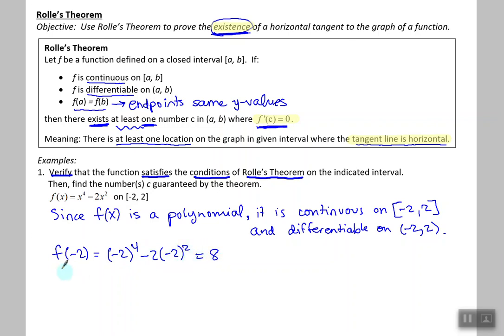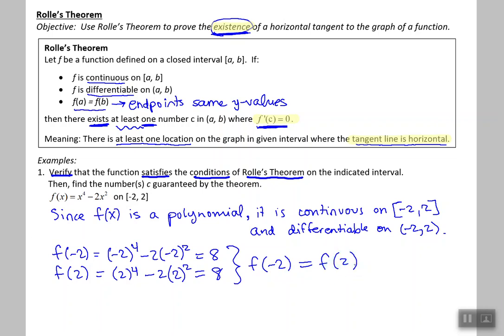That makes 8. And f of positive 2 equals positive 2 to the fourth minus 2 times positive 2 squared, which also equals 8. Therefore, f of negative 2 does equal f of 2, and the three criteria of Rolle's are verified. Satisfied, we verified that they are satisfied.